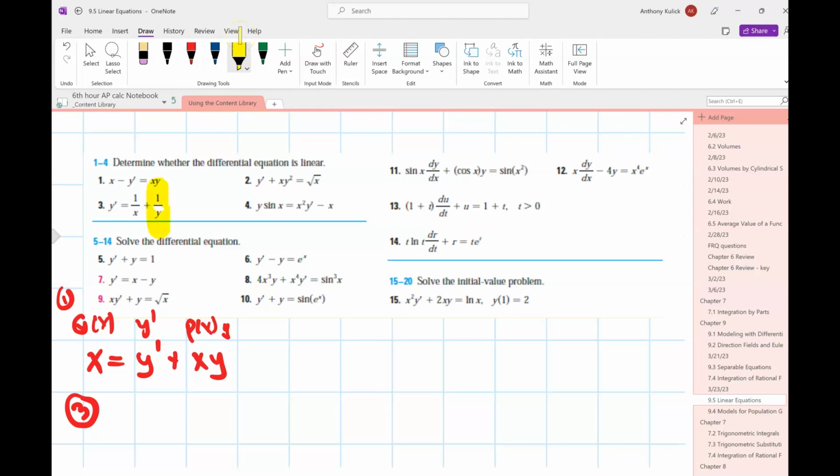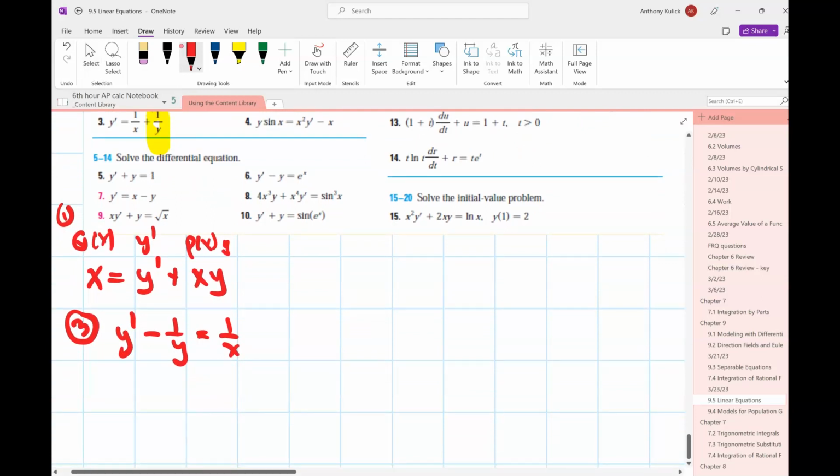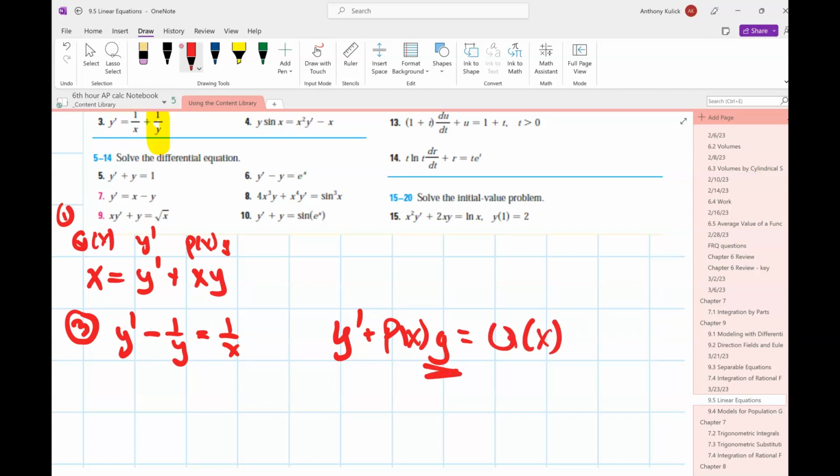So the issue is the 1 over y. Subtracting it over is not going to help us. If I do that, I have y prime minus 1 over y equals 1 over x. But I can't write that as a function of x times y. Remember that we have to have just a regular y.